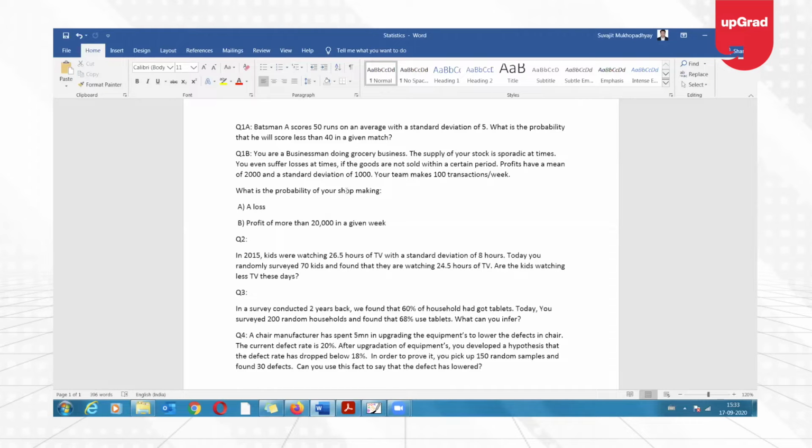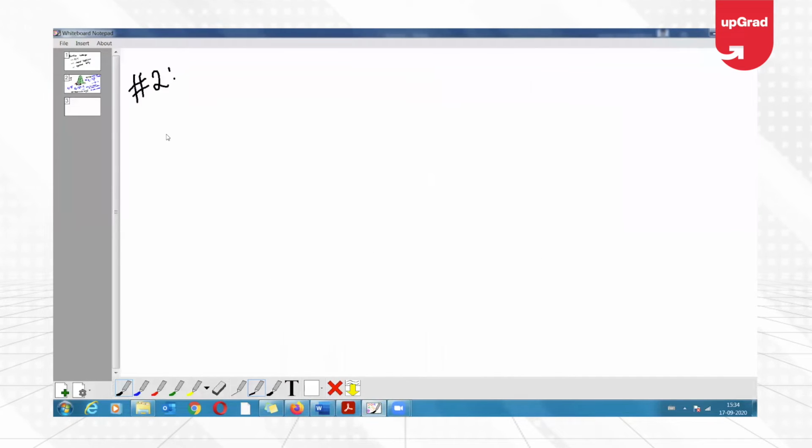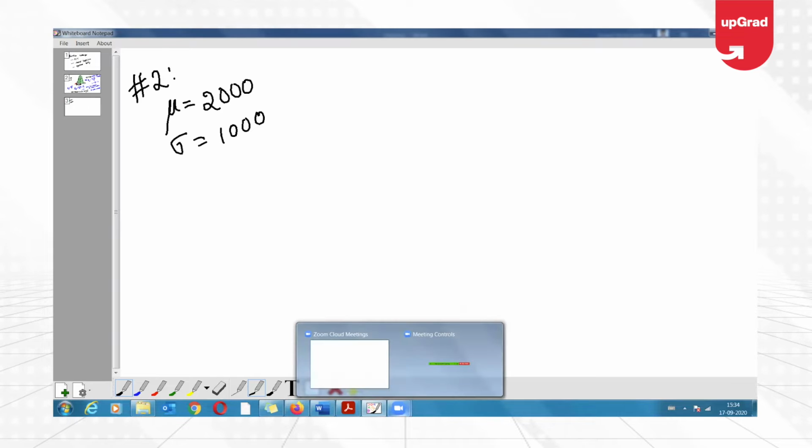So let's dissect the problem. Let's first look at what we have. So we have a population data, which is the mean of 2000 and the standard deviation of 1000. So let's write down mean of 2000 and standard deviation of 1000, right, for each transaction.